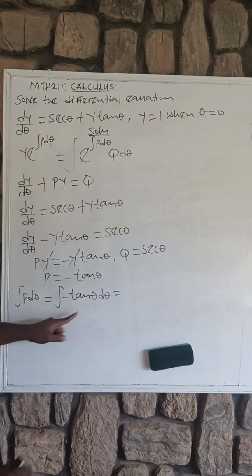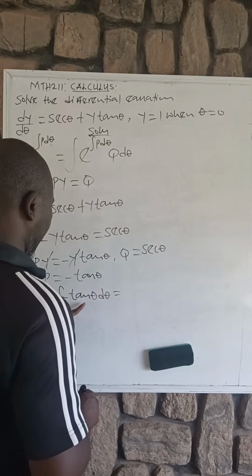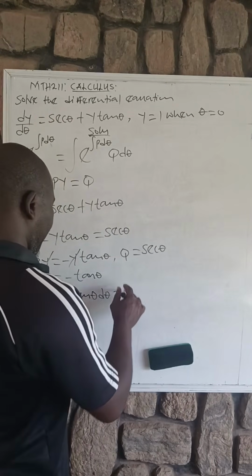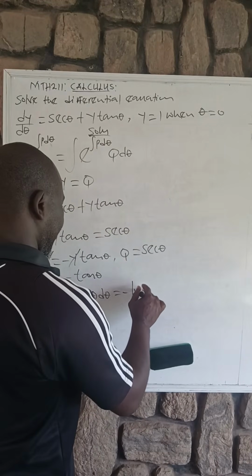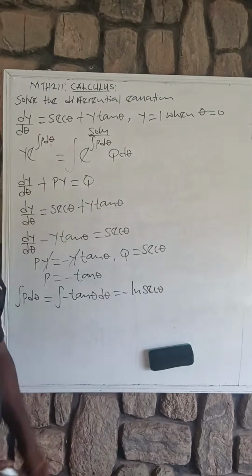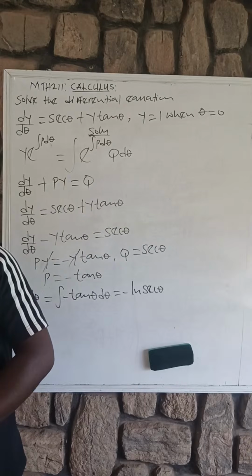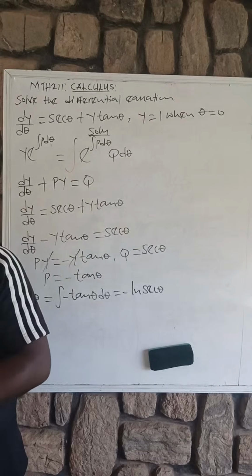So when you integrate tan theta, you are supposed to have ln sec theta, but there is a minus, so minus ln sec theta. Is that clear?